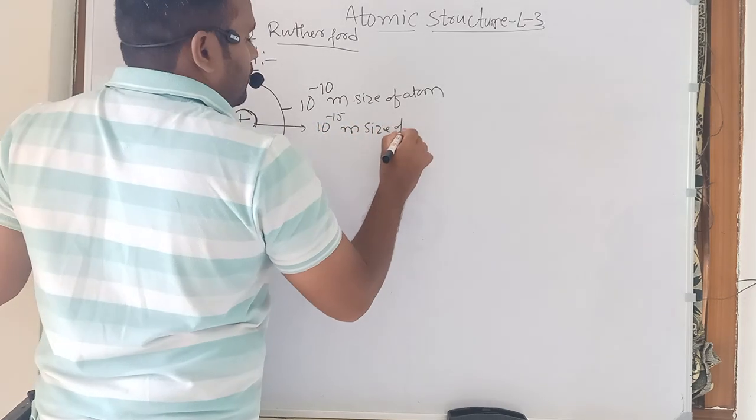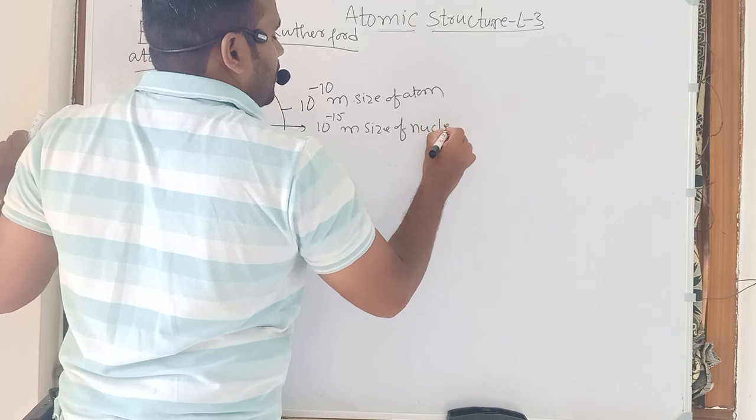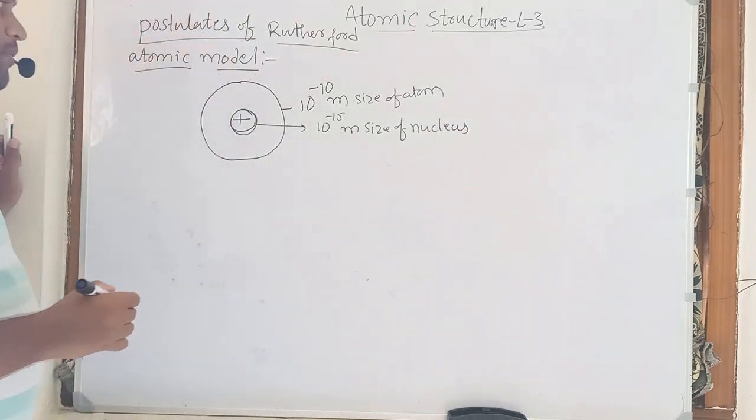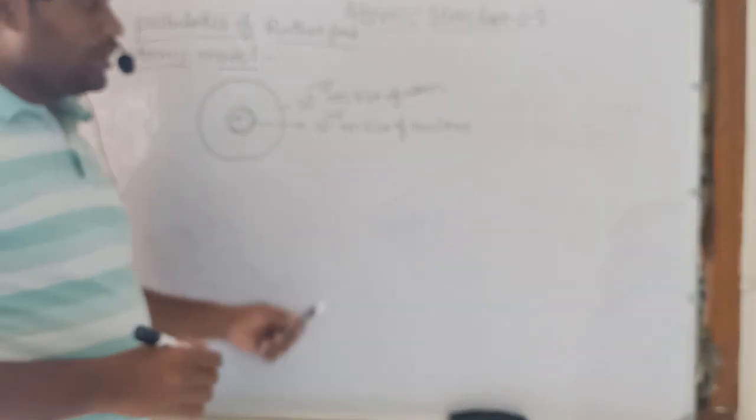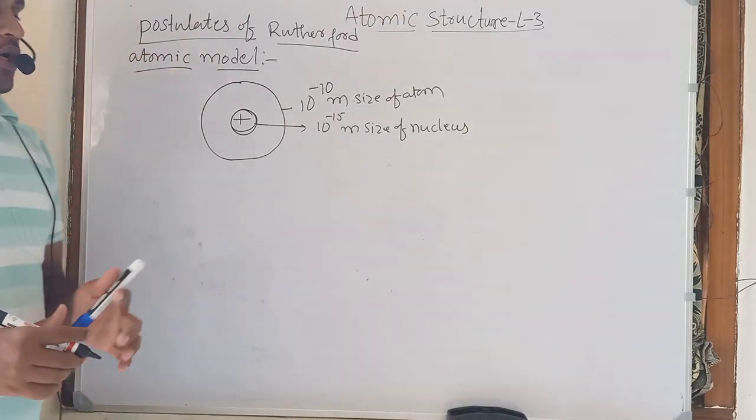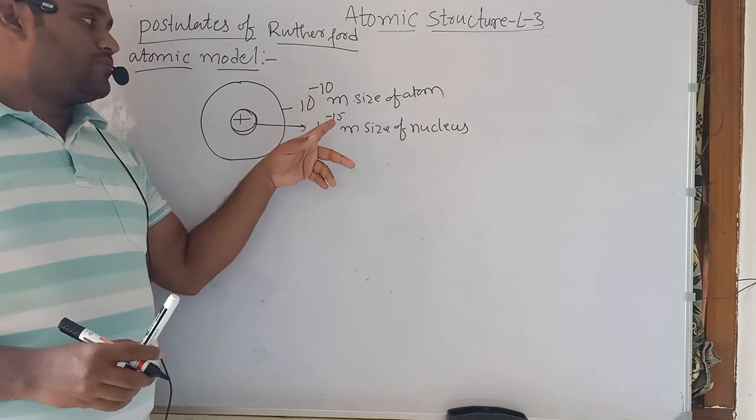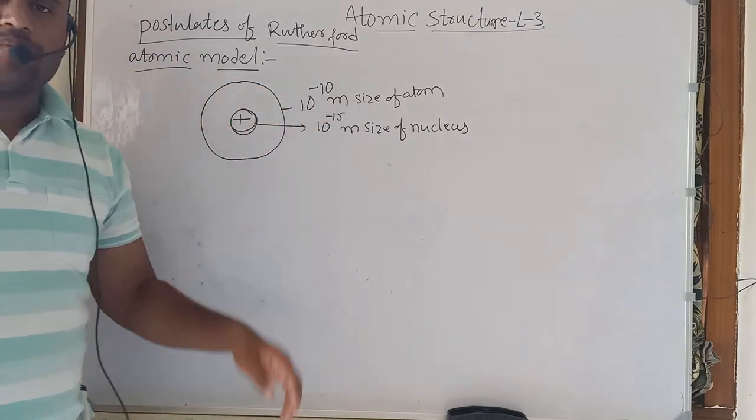The size of the atom is 10 power minus 10 meters, and the size of the nucleus is 10 power minus 15 meters. So when you compare to the size of the atom, the size of the nucleus is very small.